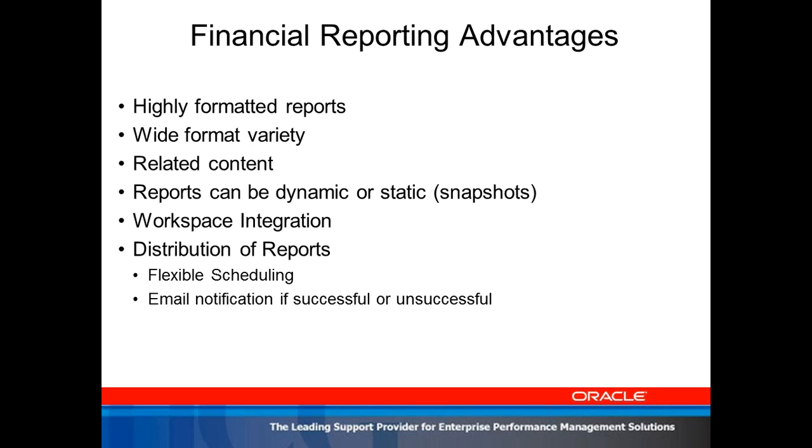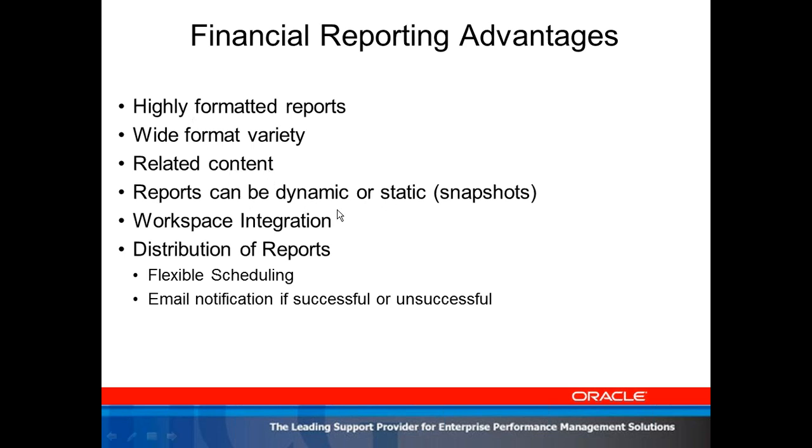The grids and the rows and the columns and the data cells within them, they can all have related content associated with them, meaning that, and I'm not going to show you this in the webinar today, but if you create related content, that means when you click on one of those items in Workspace, it will open up another report or go off to a URL and display a web page. Or there could be many related content objects associated with one item, and when you click on that item, then you'd have your choice of selecting which one you wanted to jump off to.